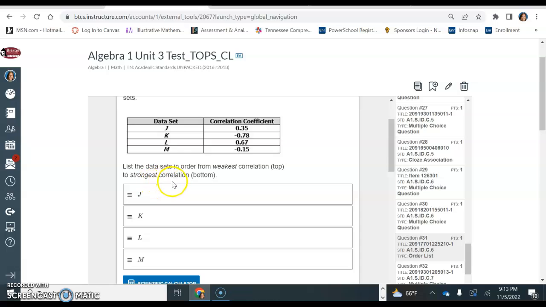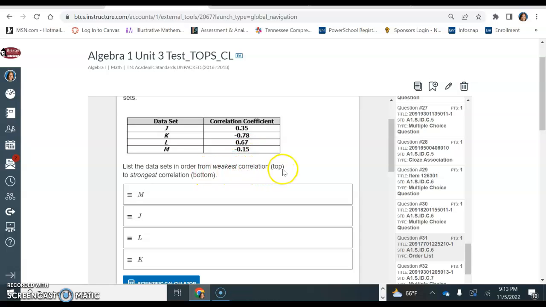Strongest is closest to 1 or -1. So we've got 0.35, -0.78, 0.67, and -0.12. Your weakest correlation would be M. The next one would be 0.35, so J. The next one would be L. And the strongest correlation would be -0.78, or K.